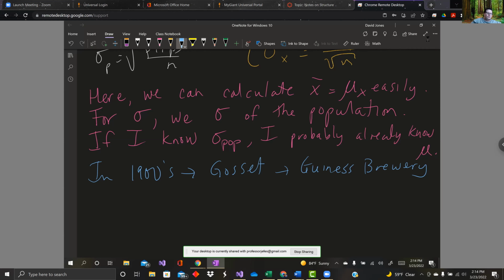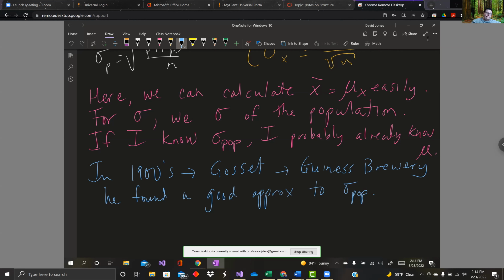And so he was doing a lot of tests, collecting a lot of samples, gathering a lot of data. And he ended up finding a reasonable approximation, a good approximation to the standard deviation of the population.